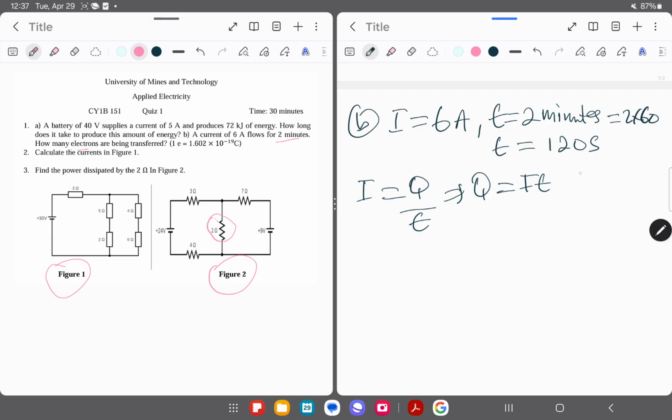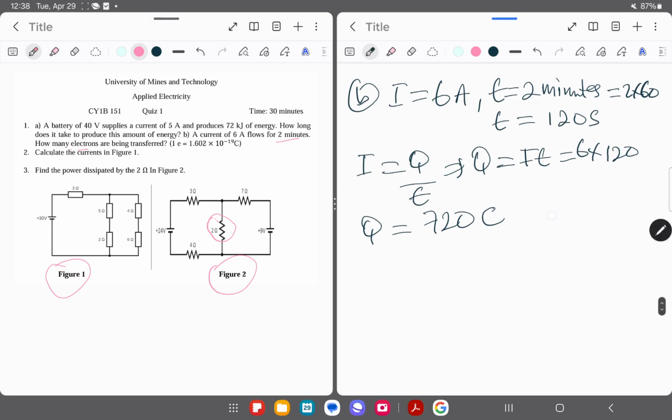If we replace the values, we have 6 times 120, right? So charge here is going to give me 720 coulombs of charge, right?